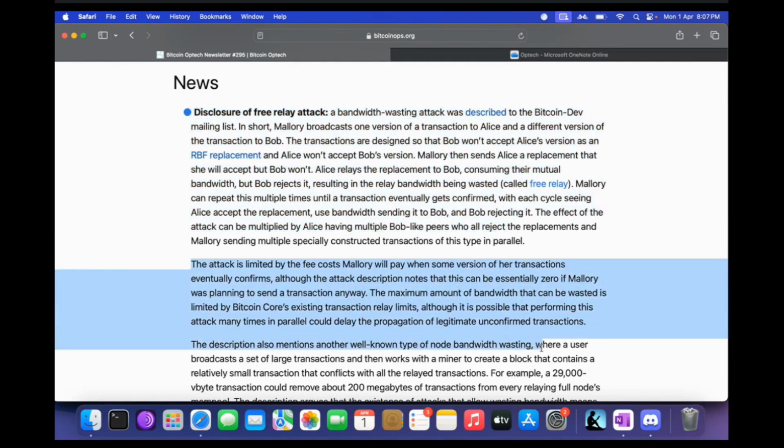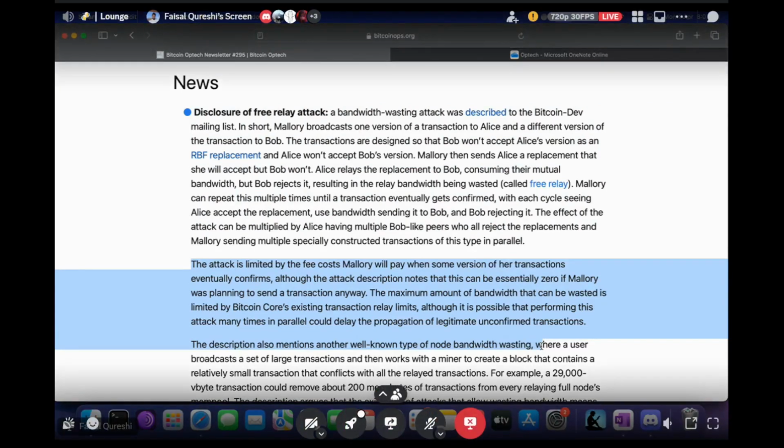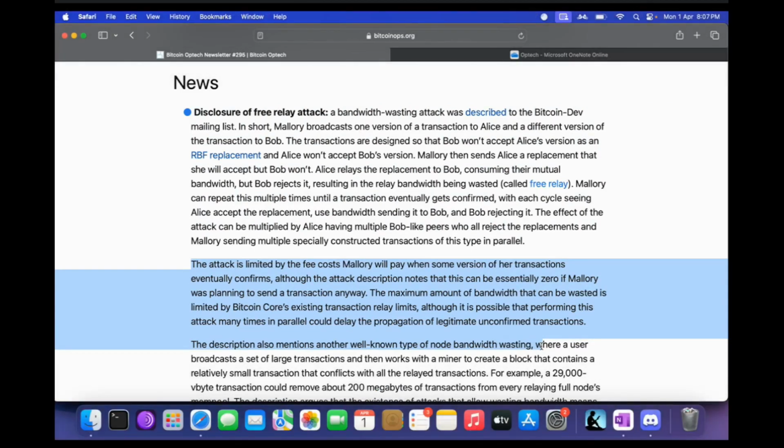The attack is limited by the fee costs Mallory will pay when some version of her transactions eventually confirms. Although the attack description notes that this can be essentially zero if Mallory was planning to send a transaction anyway, the maximum amount of bandwidth that can be wasted is limited by Bitcoin Core's existing transaction relay limits. Although it is possible that performing this attack many times in parallel could delay the propagation of legitimate unconfirmed transactions.